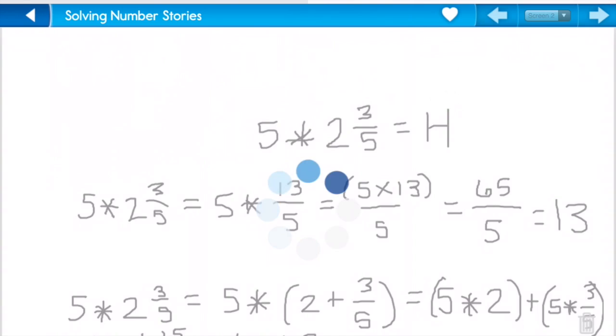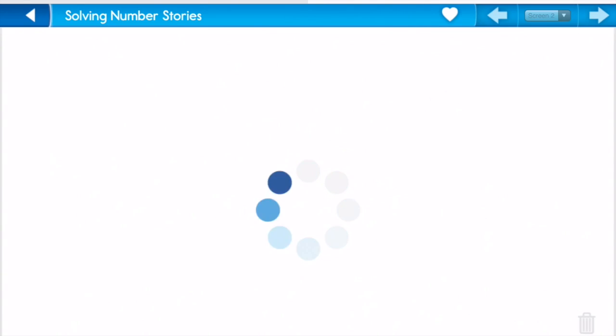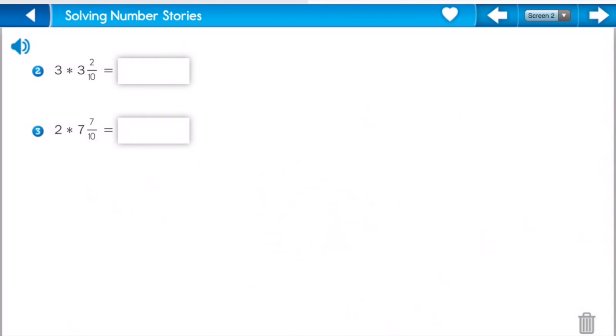See what we have. So we have 3 times 3 and 2/10, and we have 2 times 7 and 7/10. So let's multiply those out here. Let's do number 2 over here. I'm going to split it up like how I did.